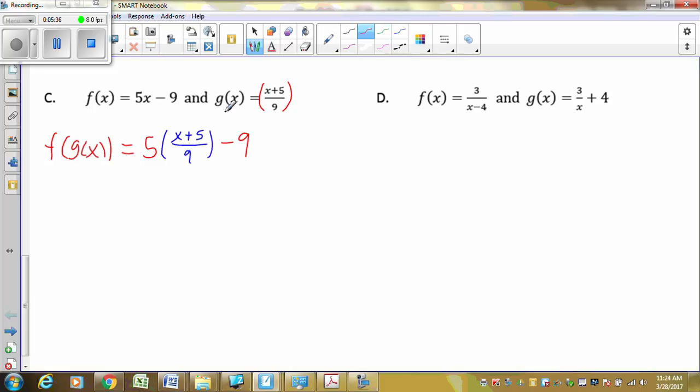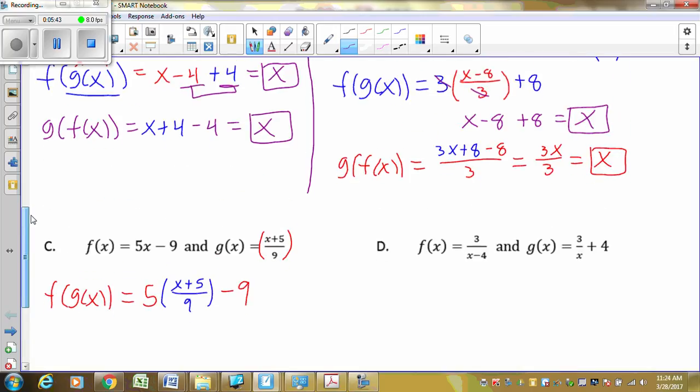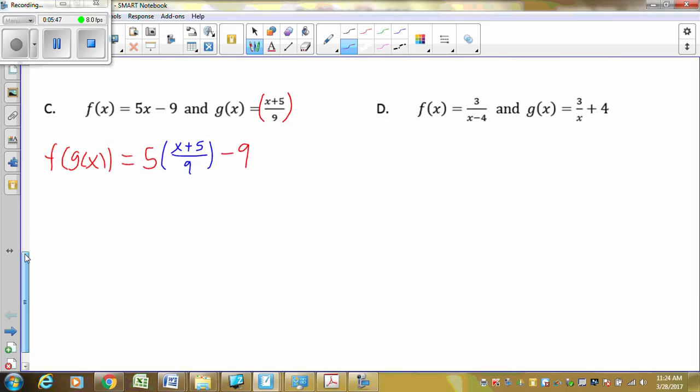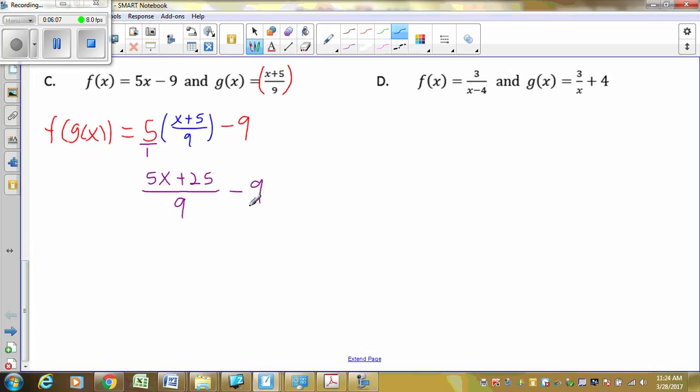Okay, and so then as we work this out, really you can't simplify like we did up here. You were able to cancel out the 3's. So let's just play around with it, see if anything happens. So we'll distribute the 5 and get 5x plus 25 all divided by 9 and then minus 9. Okay, we could get a common denominator if we want, just to see if this will work out.